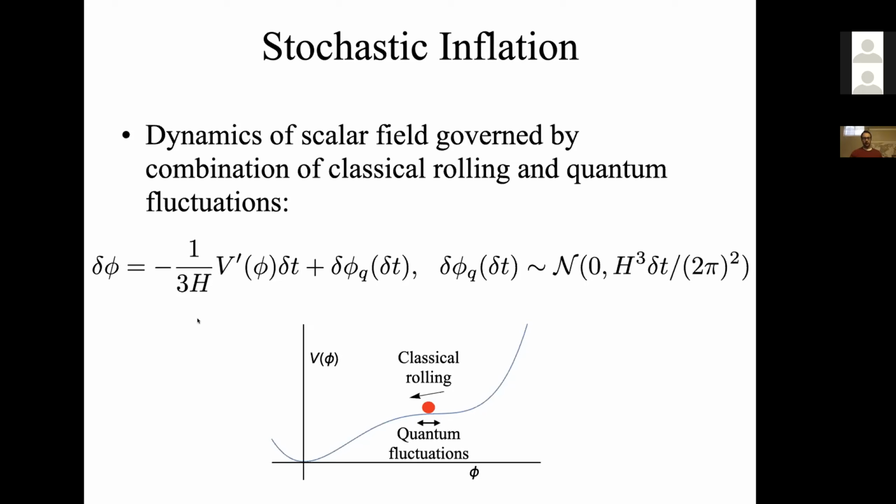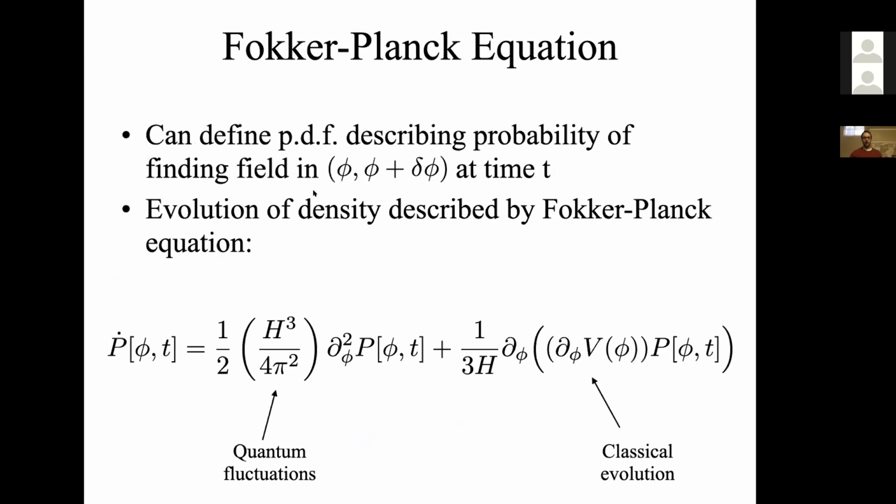Now, the equation that describes the probability density function of such a situation is called the Fokker-Planck equation. The Fokker-Planck equation is a little bit complicated. It looks like this, but you can see here that there are these two terms in it. The first one comes from the quantum fluctuations, and the second from classical evolution.